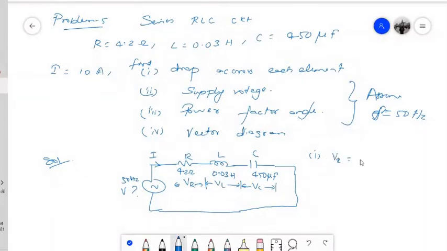Now what will be VR? VR will be I into R. So 4.2 into 10, you will be getting around 42 volt. Similarly, what is VL? VL will be I into XL. So that is I into 2 pi F, that is nothing but omega into L. So 2 pi F into L. F is given to be 50 Hertz.